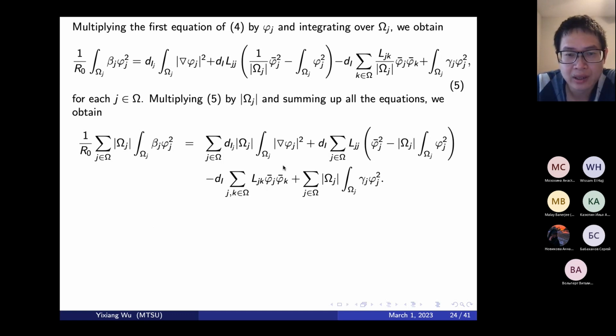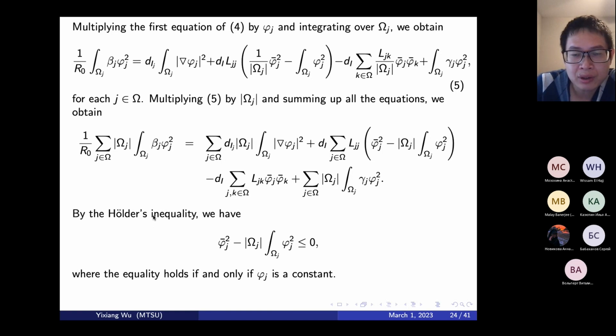Using Holder inequality, you can easily see this term is less than or equal to 0. However, remember L_jj is negative, right? L_jj is in the diagonal of the matrix L. It's negative, so this term is going to be greater or equal to 0.